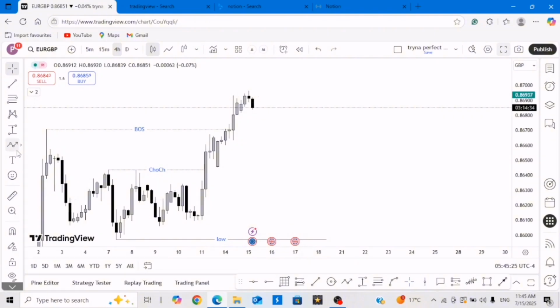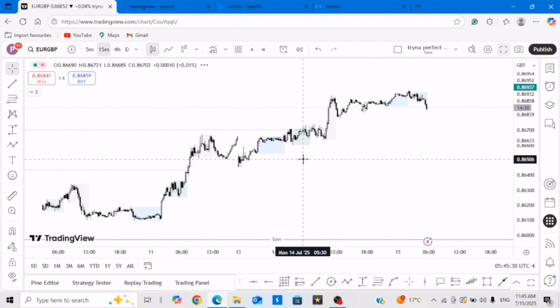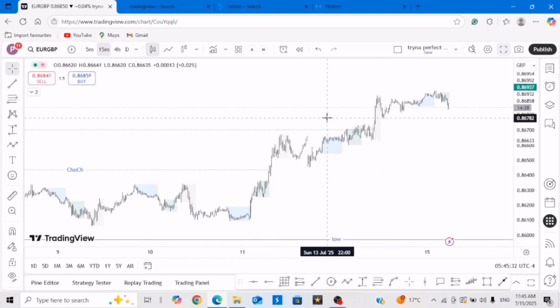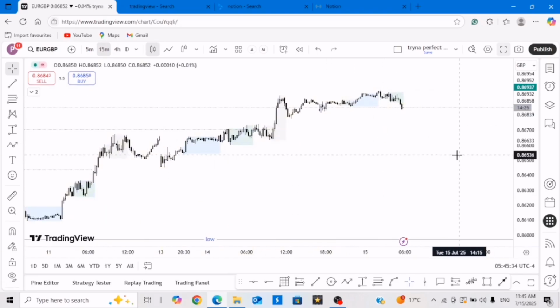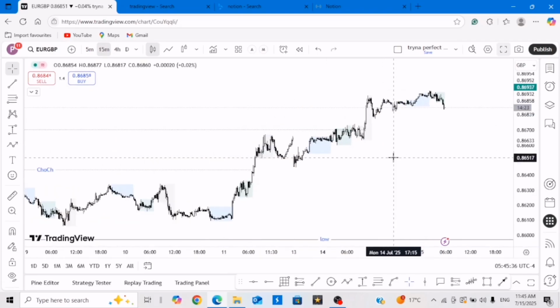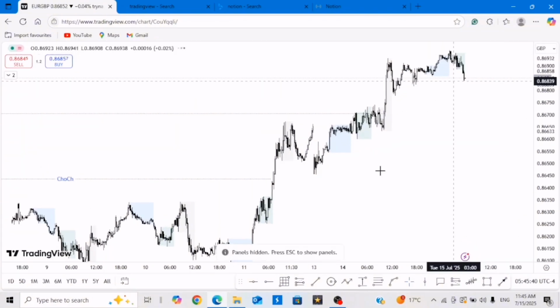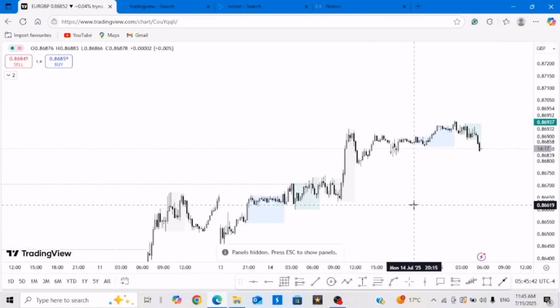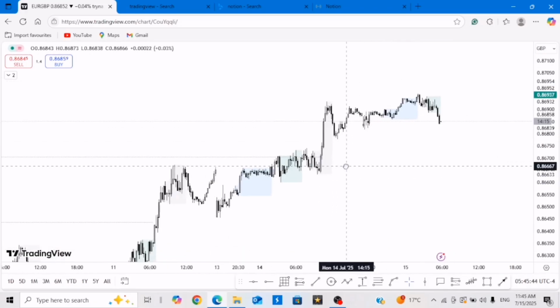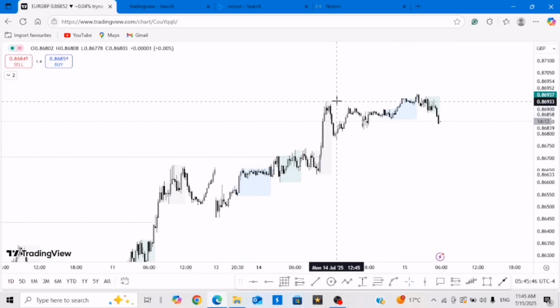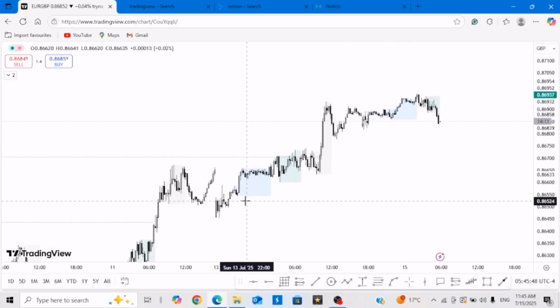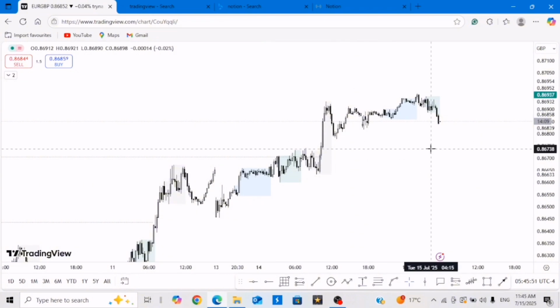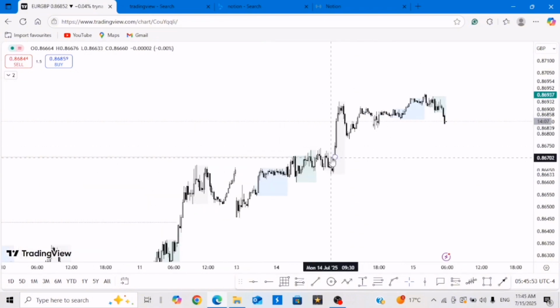So there really is no structure on the 15 minute that I can clearly draw out. I'm also gonna have to step away from this, because this looks messy. This is hella messy, bro. I'm not even gonna try to force it, so I'm gonna step away on EUR/GBP for now.